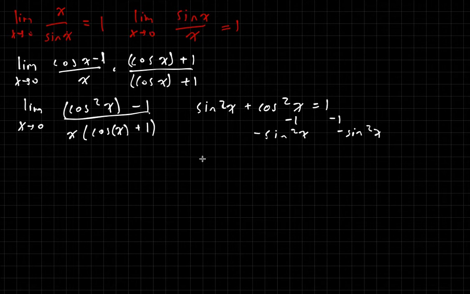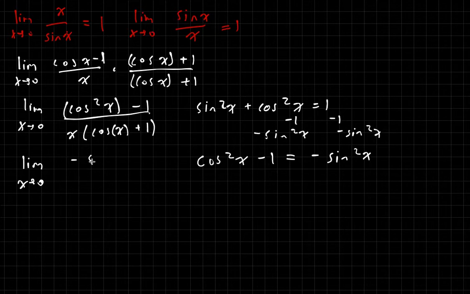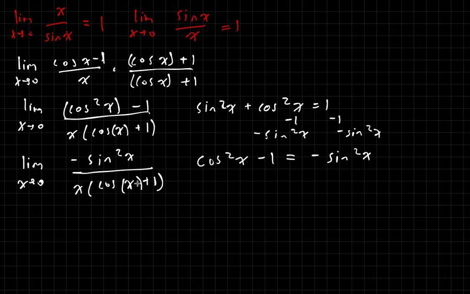Well, on the left side, I get cosine squared x minus 1 equals negative sine squared x, right? So I can just rewrite this top here as the limit as x approaches 0 for negative sine squared x over x times cosine x plus 1, right?